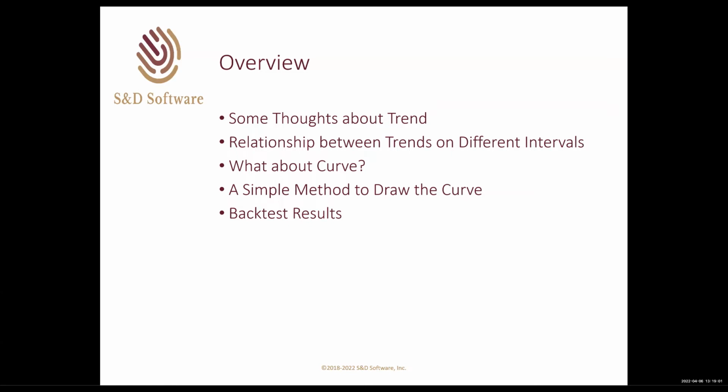Then we're going to get into curve and our particular definition of curve and how to find it and use it. We'll get into a method for finding the curve. That's pretty simple to do, particularly if you're doing it by hand.